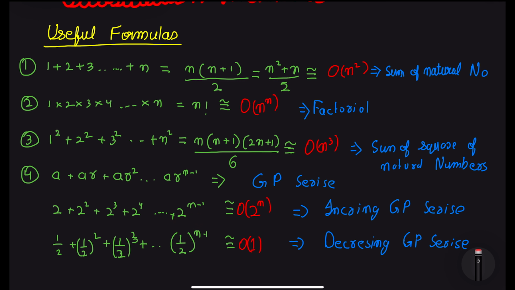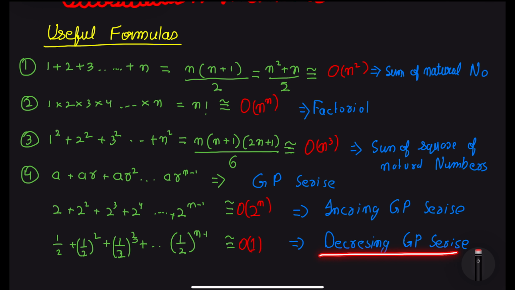This is increasing, and if we take a very large value of n, all the earlier terms have no value compared to 2 raised to the power n minus 1. So we can write it as big O of 2 raised to the power n minus 1. In a GP series, you can say the last term is the value, so we can write it as big O of 2 raised to the power n.